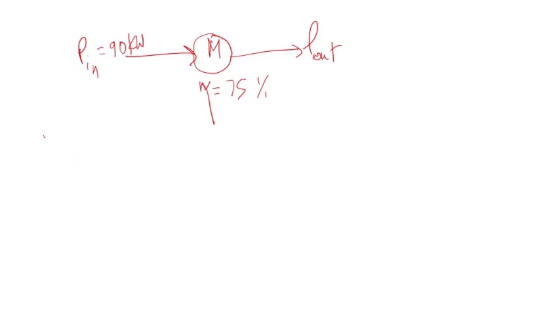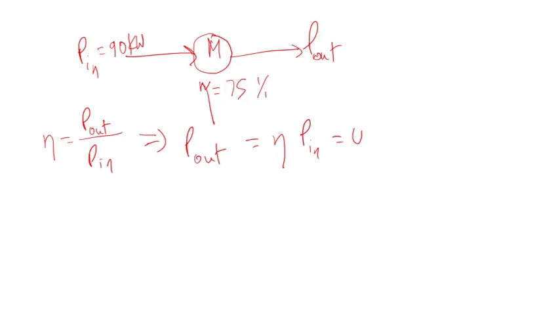And we know efficiency is the output power divided by the input power. So the output power is equal to the efficiency of the motor times the input power. Efficiency is 0.75.